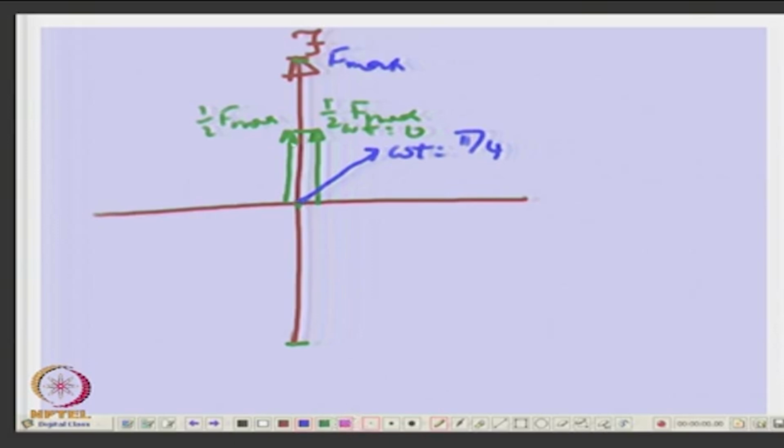The forward and backward at t equal to 0 are the same, they are aligned. At omega t equal to pi by 4, at 45 degrees, my magnets are now located here. So, one magnet here, one magnet here. Therefore, the resultant of this will be a net magnet somewhere here, right.